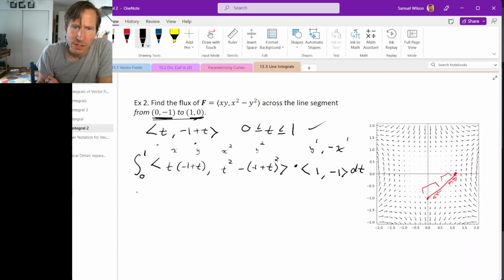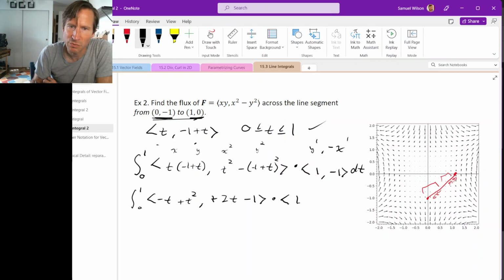Okay, so let's simplify. So this is going to be minus t plus t squared, comma, when we multiply all this stuff out, the t squareds cancel, so we get plus 2t minus 1 for our y coordinate. Okay, dotted with 1 comma minus 1 dt.